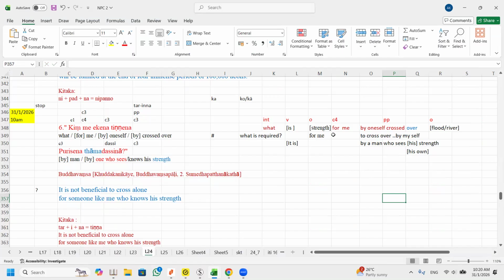What is for me? Actually, it's what is something for me. Because the word "something" is not mentioned here, you look at this line. You can use dative to cross over, and this one is by oneself.